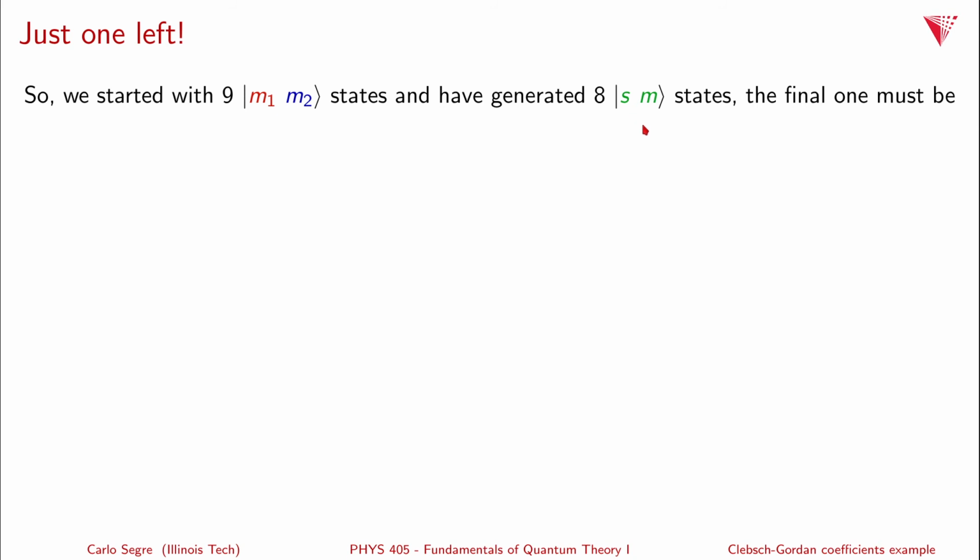We have one more state, and remember that the values of s can range from s1 plus s2 to the absolute value of s1 minus s2. In this case, s1 and s2 are equal, so that means that s ranges from 2 to 0. And so we're missing the state with s equals 0.